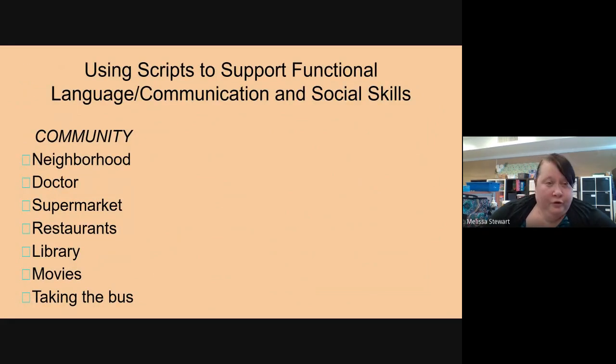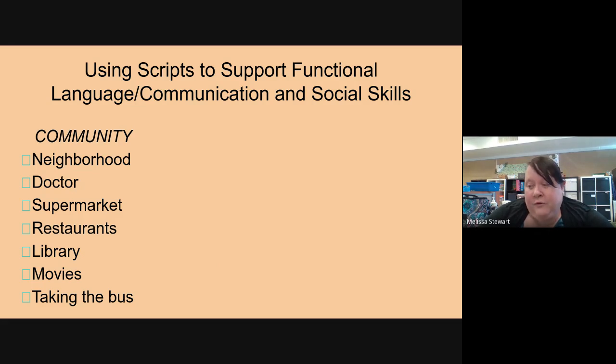Also, for older children and younger children, we use scripts to support functional language or communication and social skills. So, a script is a set of instructions or expectations that guide how to navigate a social situation. Social scripts can be used to teach new skills, such as how to have a conversation, navigate new environments, and solve problems.